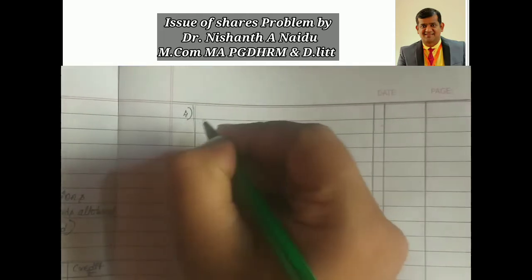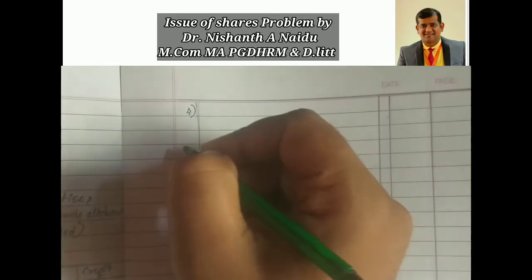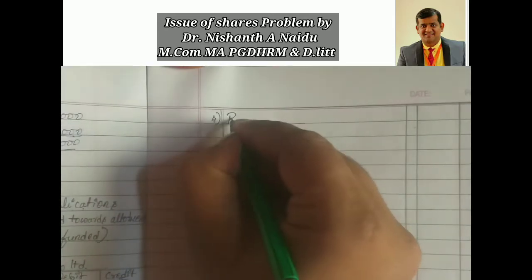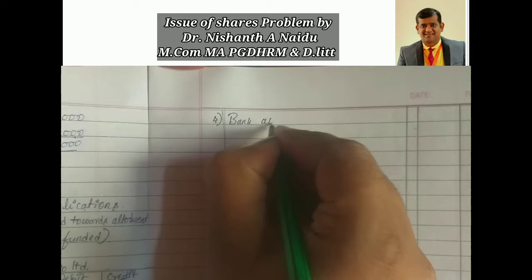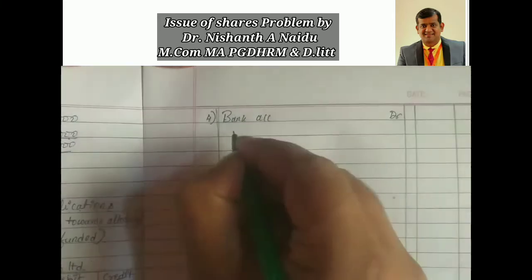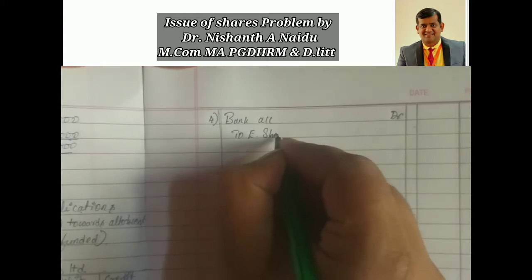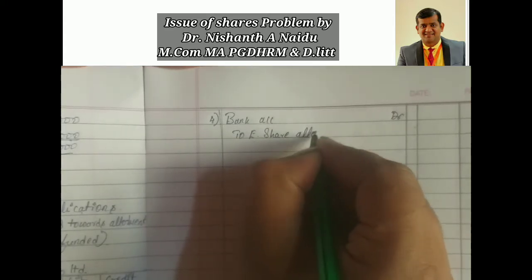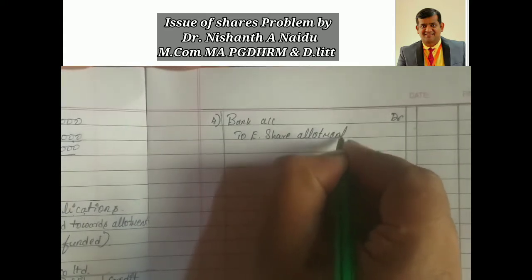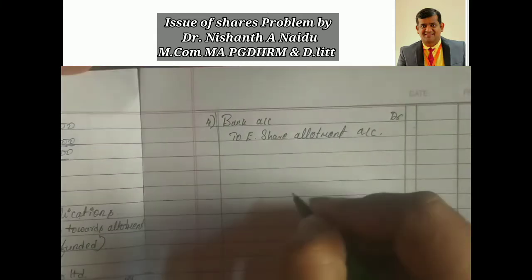Okay, the fourth entry is the receive entry. So that is bank account debtor. Which money am I receiving? To equity share allotment account. Okay, so I am receiving allotment money.